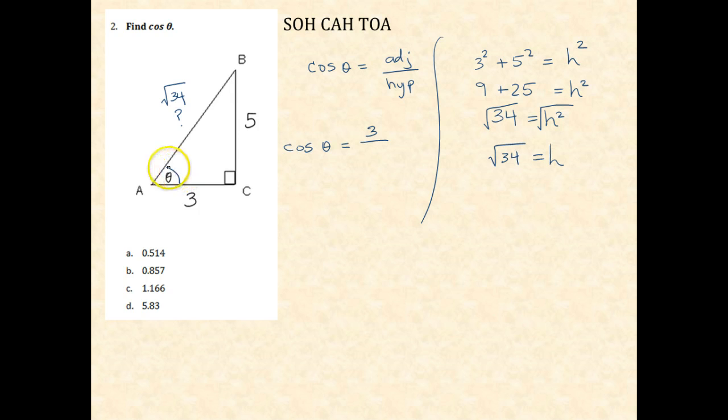So now back to the cosine. Cosine of theta is the adjacent side over the hypotenuse. So it's 3 over the square root of 34. But our answers don't have square root of 34 in them, so we can just punch this into the calculator.